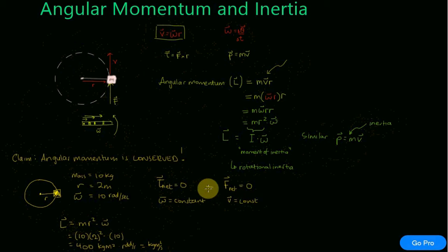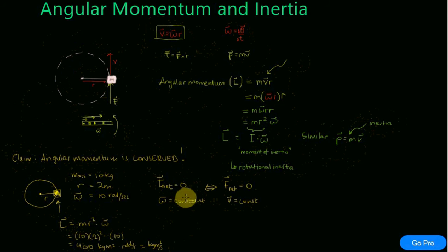So notice how these are basically equivalent. In other words, there's no force acting on this object to change its angular rotation, and there's no force trying to stop it. It's just rotating with constant motion.